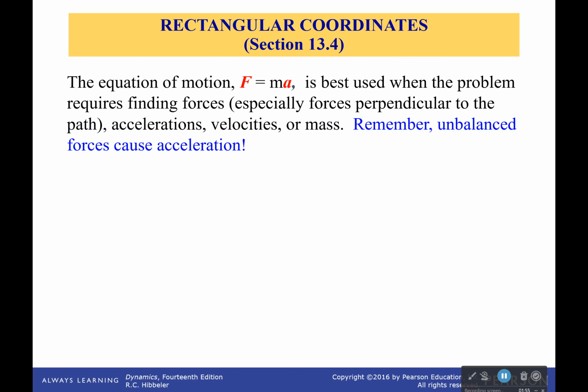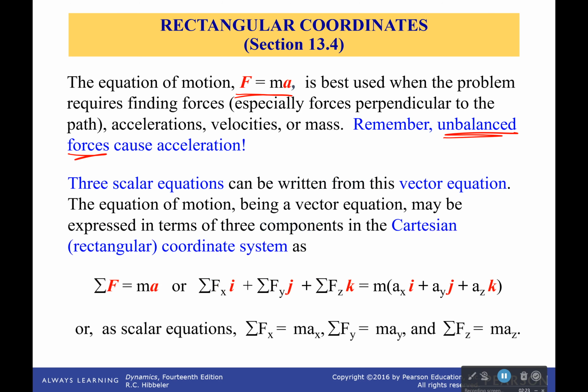So our best equation of motion is simply force equals mass times acceleration. It's best when we have to find forces, especially if those forces are perpendicular to the path. Remember, unbalanced forces will cause acceleration.